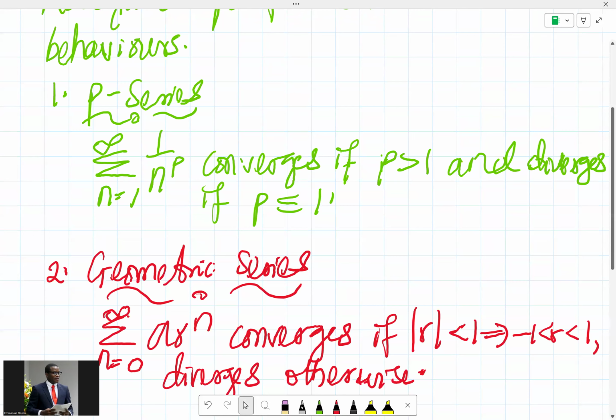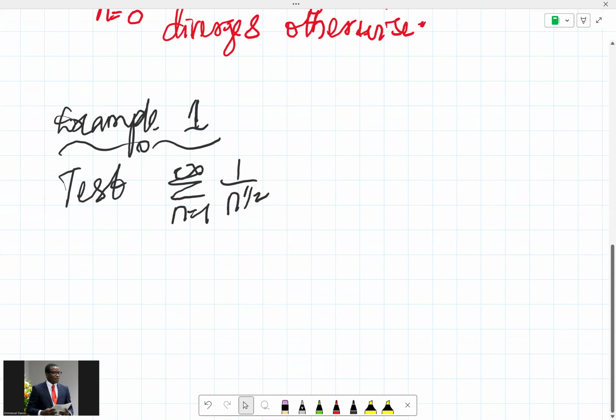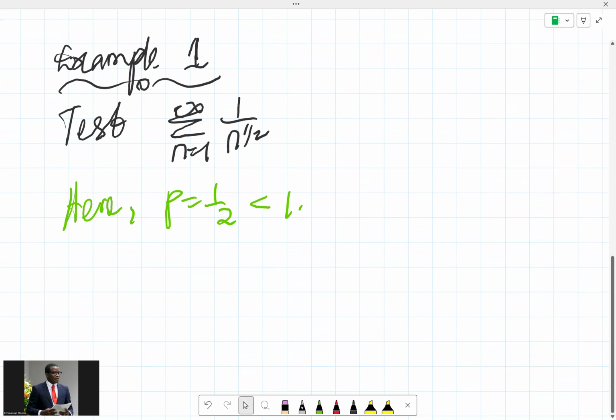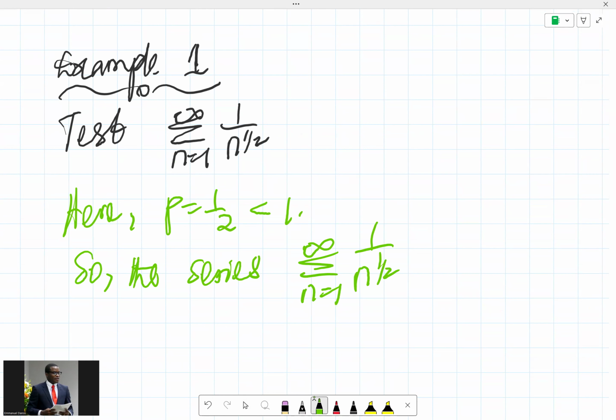This is obviously a P series, and we know it converges if P is greater than 1 and diverges if P is less than or equal to 1. Here we see that P is equal to half and P is less than 1. So the series summation from n equals 1 to infinity of 1 over n raised to power half actually diverges. With this, we don't even have to waste time at all.